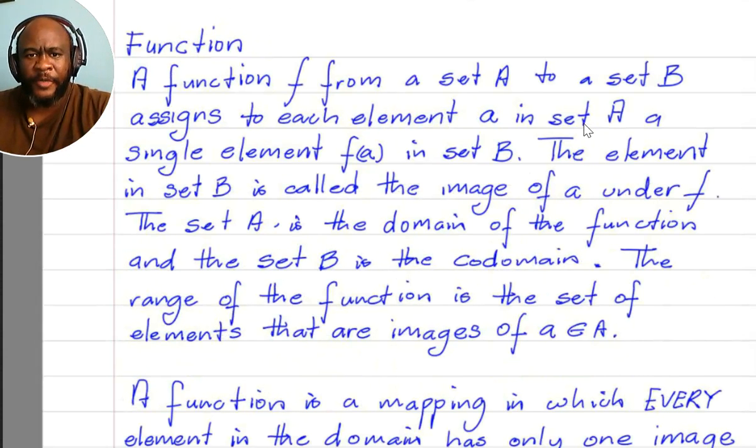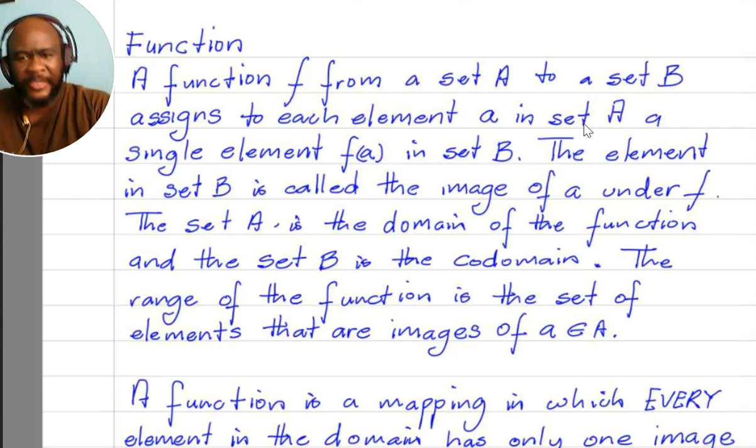Again, early up in your understanding of functions, one thing that you need to be able to do is state if a relation is or is not a function. All right, let's start off with the definition of a function. A function f from a set A to a set B assigns to each element a in set A a single element f of a in set B. The element in set B is called the image of a under f.